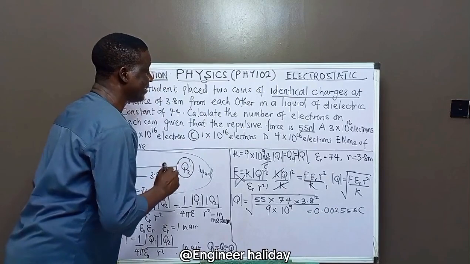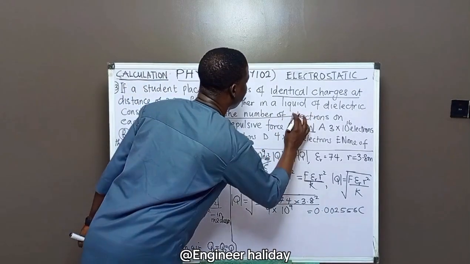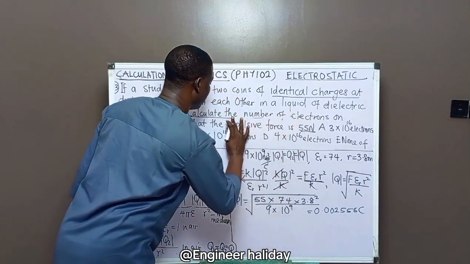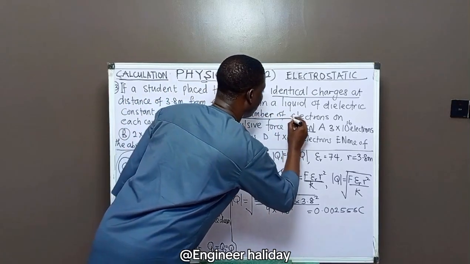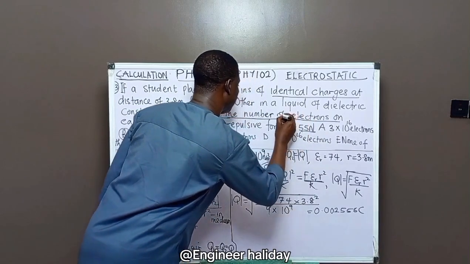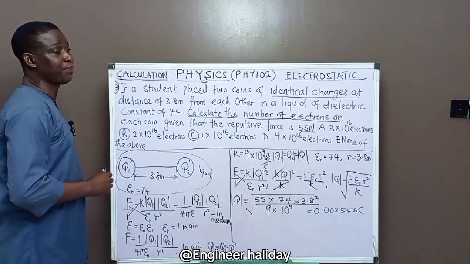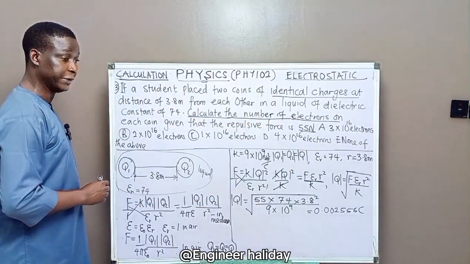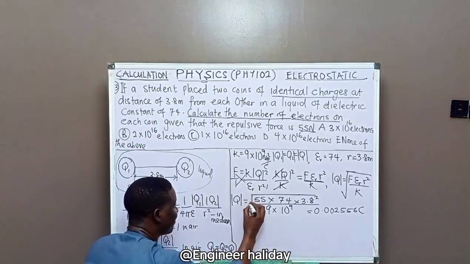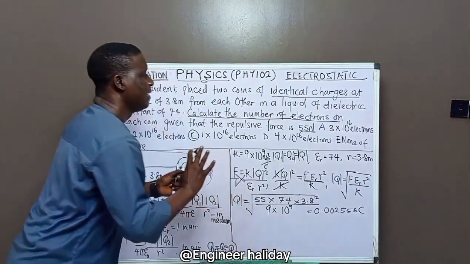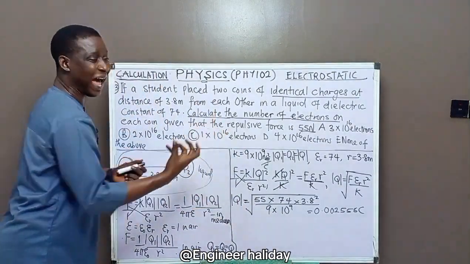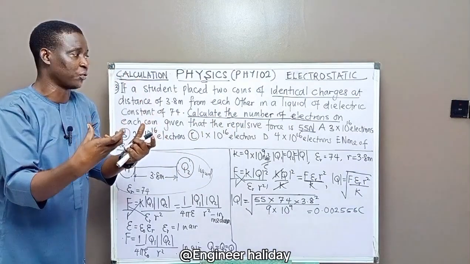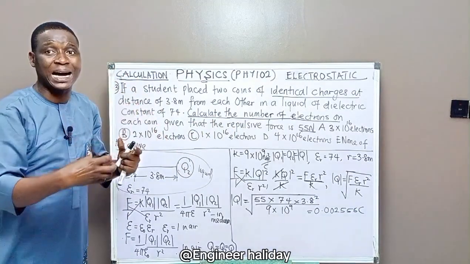What we are going to do is that they said calculate the number of electrons. Look at the question here: calculate the number of electrons on each coin. So I'm emphasizing that part of the question. Please follow me so that you can learn from that. Now, what is the relationship between the charge on each coin and the number of electrons that each coin carries?